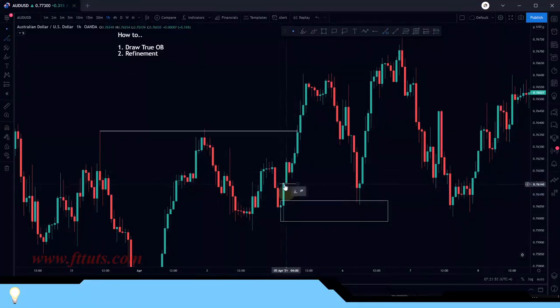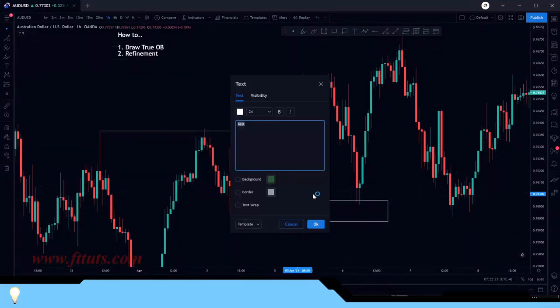So it slightly broke above. This doji candle here, or this refined order block, didn't really kick in with momentum. So we can draw it based on this. As long as the candle that you're drawing your order block on didn't close above the true order block candle, then we can refine there.